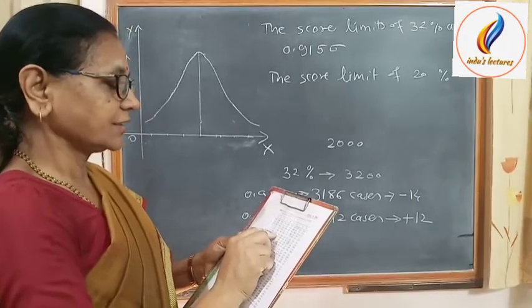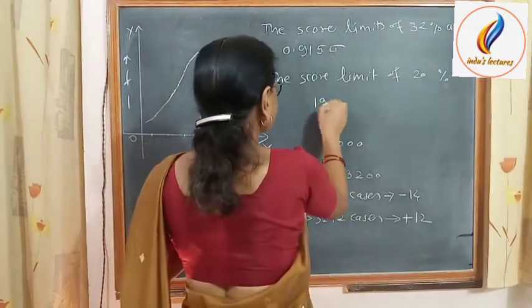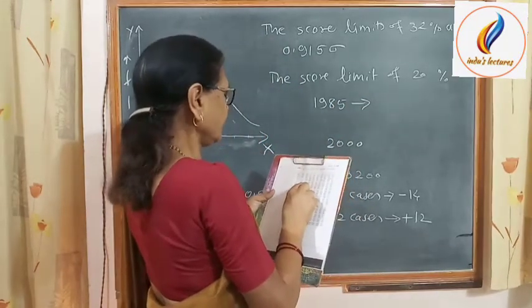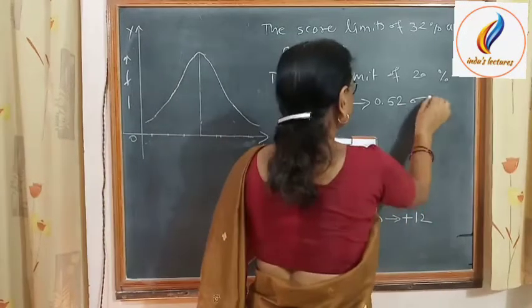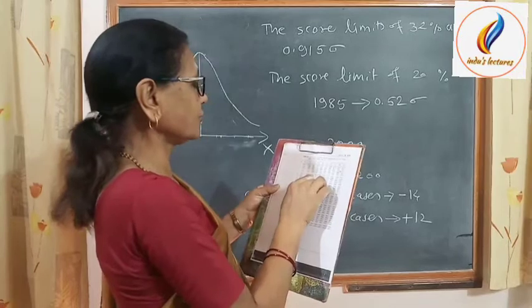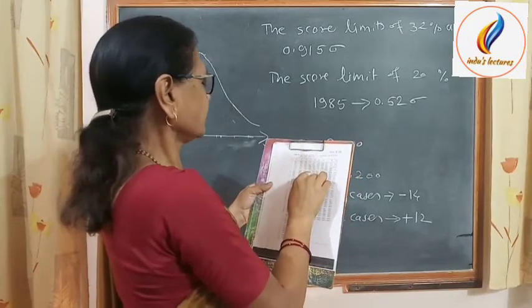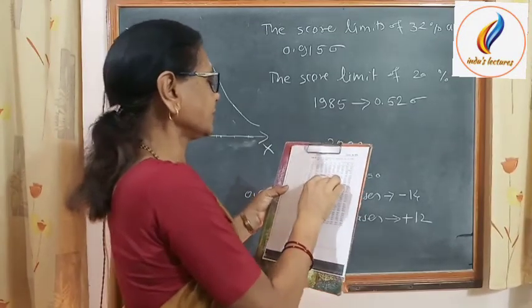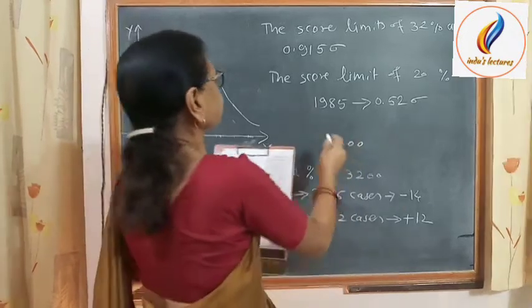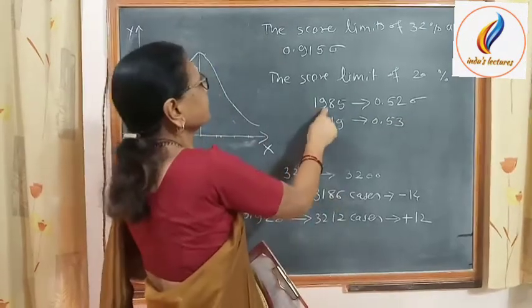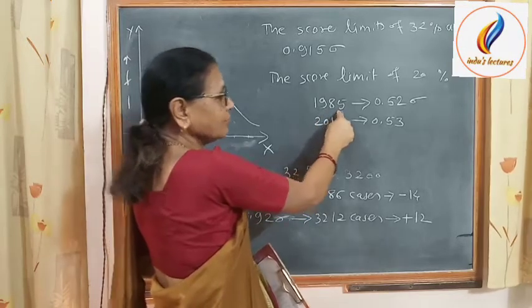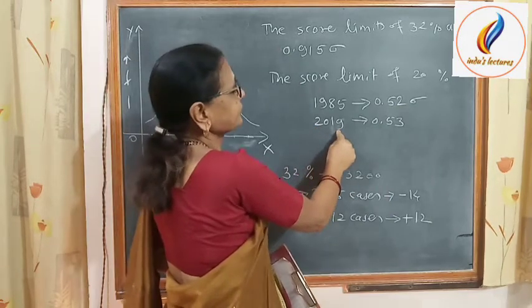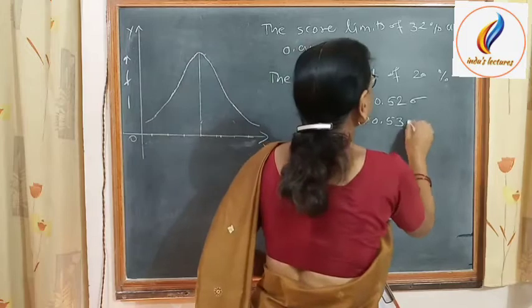Here we find 1985 cases between mean and 0.52 sigma, and 2019 cases between mean and 0.53 sigma.